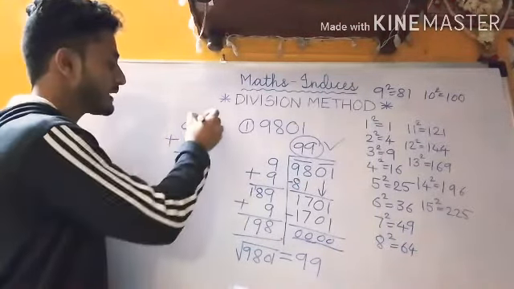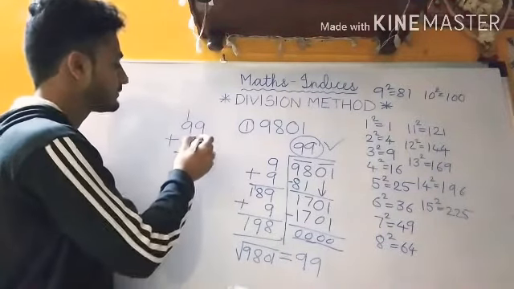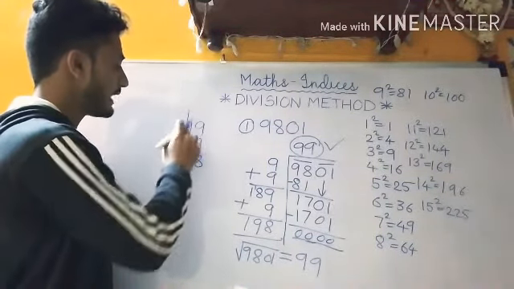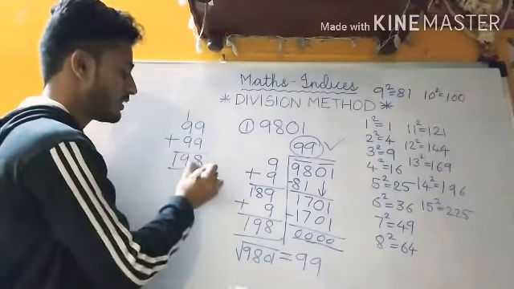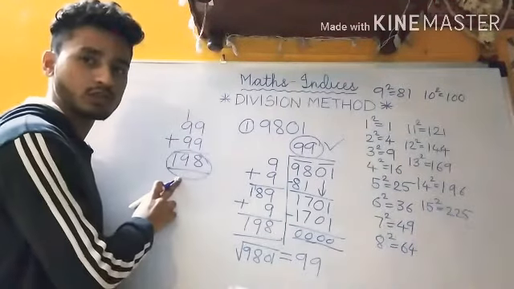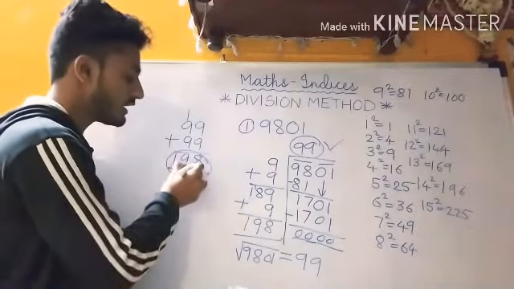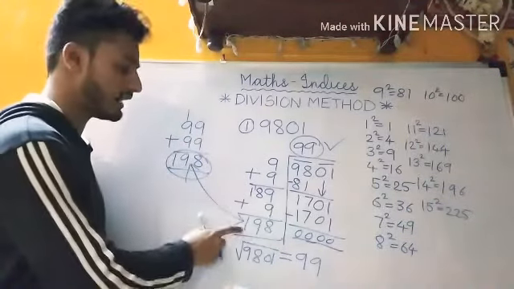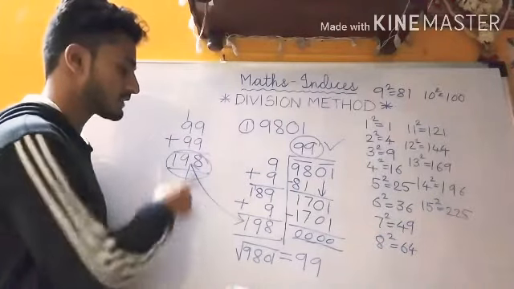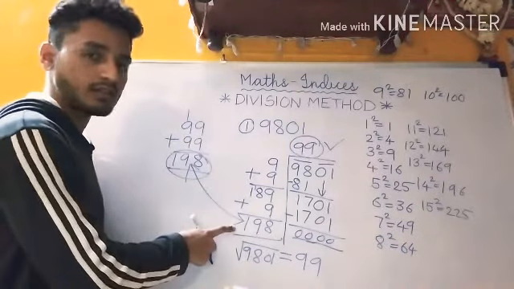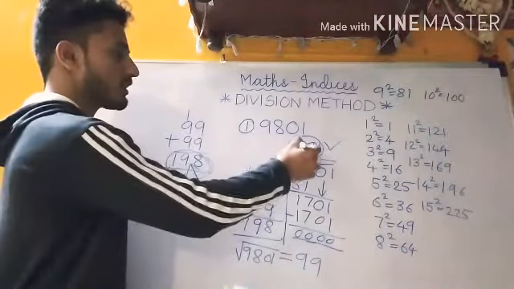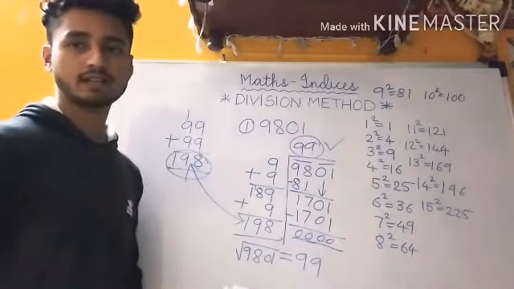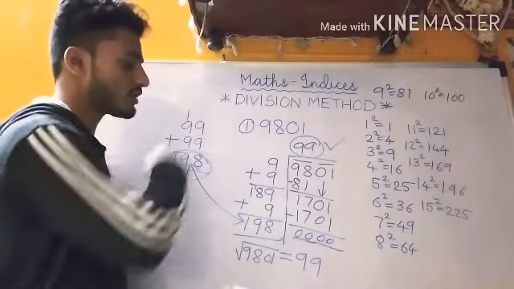So 9 plus 9 is 18 and 9 plus 9 is 18 plus 1, 19. Whatever answer you get here should match with the addition you have got at the end. If you get this answer the same, it means your final answer is correct. So this is how you are going to solve.